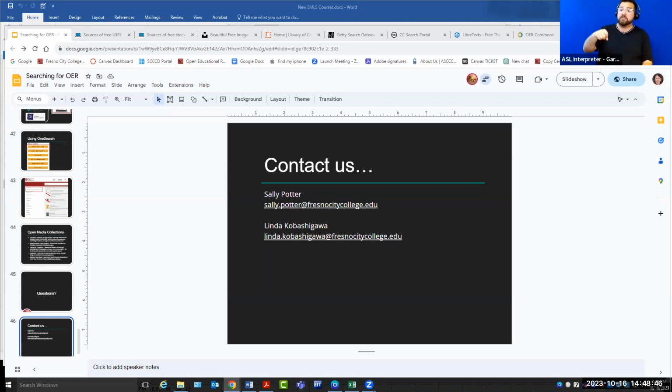Most of our licenses are unlimited user, so it wouldn't matter how many of them needed to access it at the same time. The thing I would recommend is linking to it. There are copyright limits on downloading the entire book or several chapters and uploading them to your Canvas shell. So the safe way to share that is to link to it. But yes, you can absolutely share that with your students and use it as required reading. Okay, thank you.